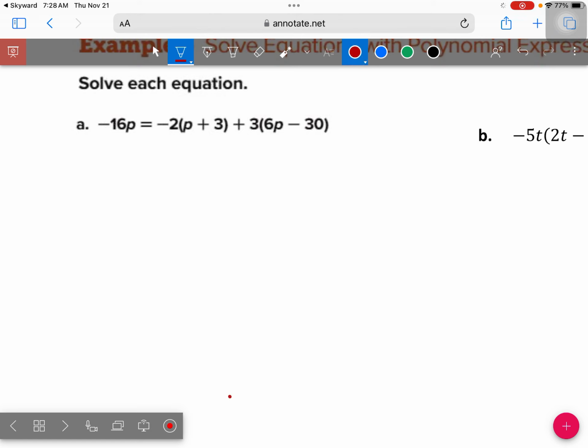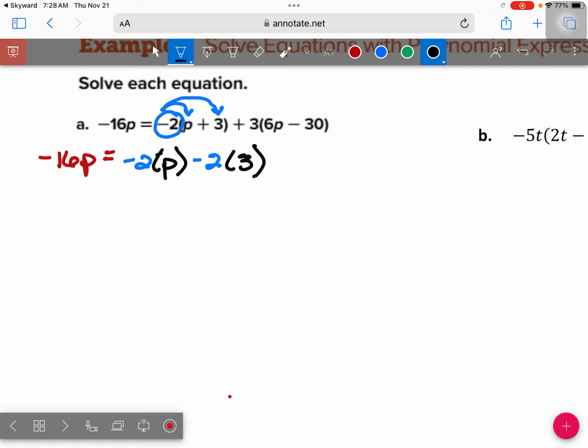So we're just going to start off. Negative 16p, that stays the same. The negative 2 here gets distributed with everything on the inside. So that is negative 2 times p and negative 2 times 3. Okay.